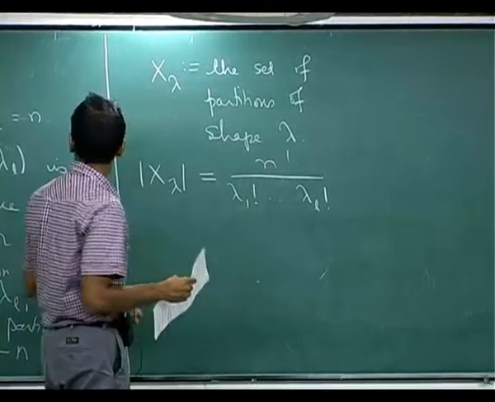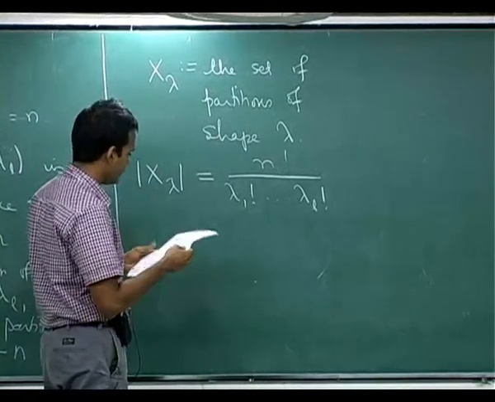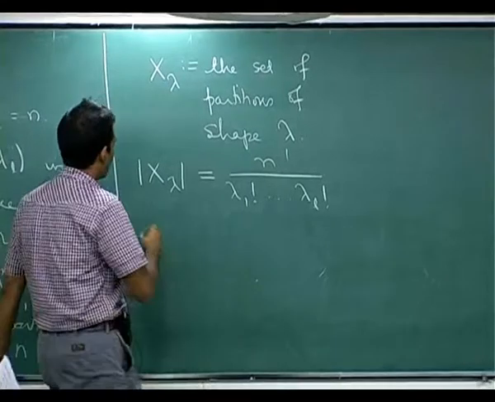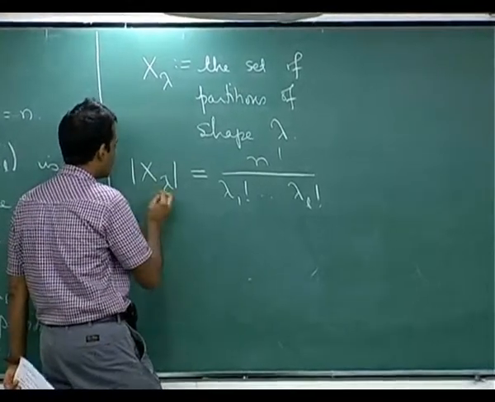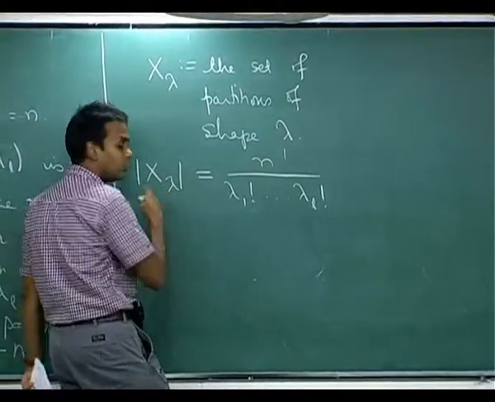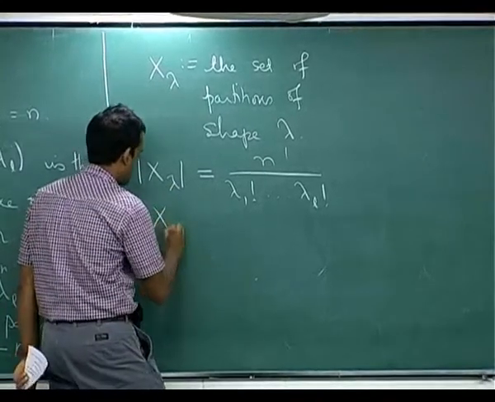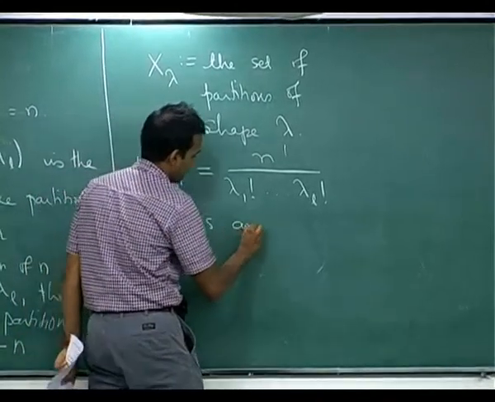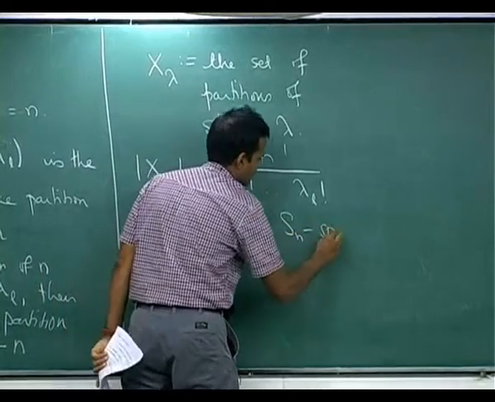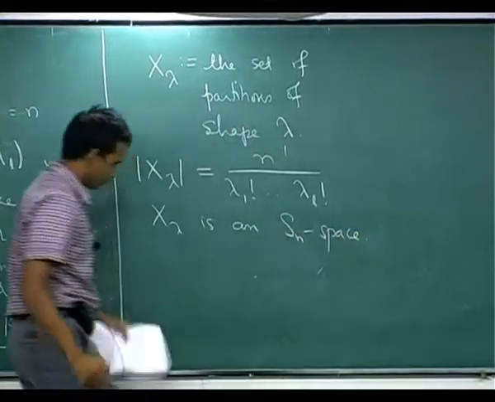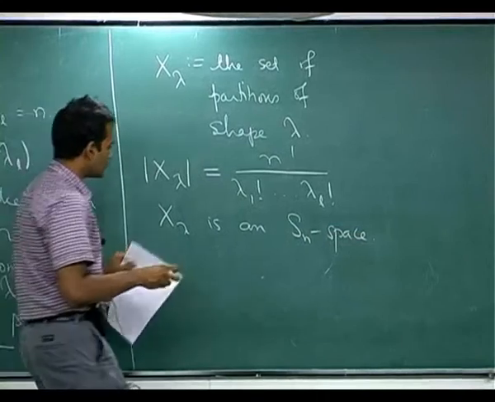Okay, so we've constructed a bunch of sets, and these are actually Sn sets. So this is a G space with G equal to Sn, right? So X lambda is an Sn space. How does Sn act?